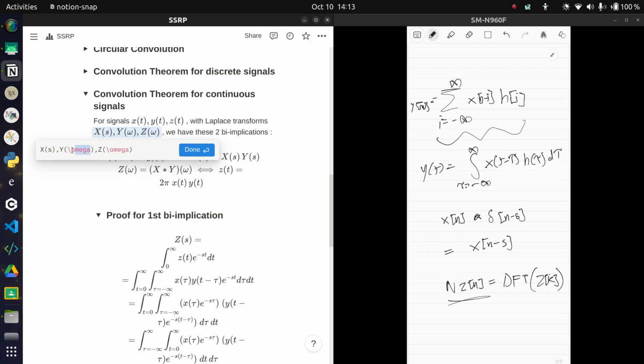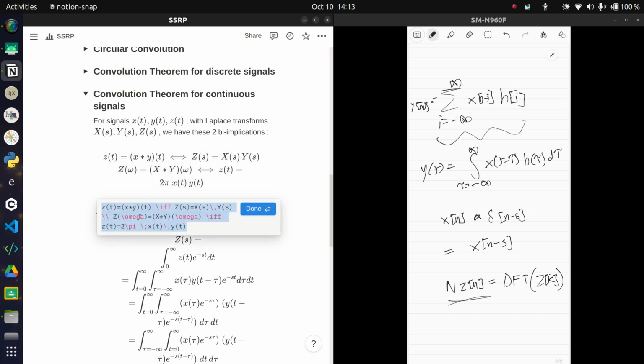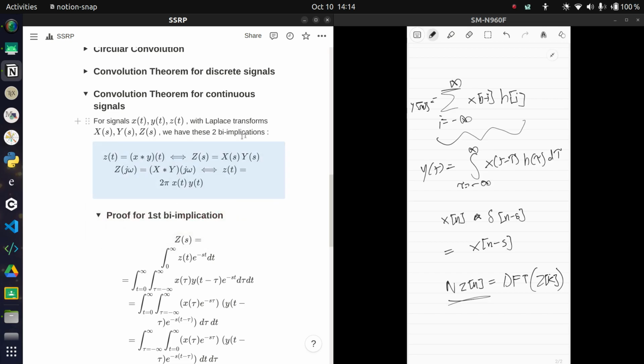Sorry, I'm editing in front of you, while it should have been done prior to that. Over here, instead of saying Z of omega, we have to say Z of j omega, because s was defined as sigma plus j omega, not the way we deal with it in the Fourier transform. So this is the better thing to say.